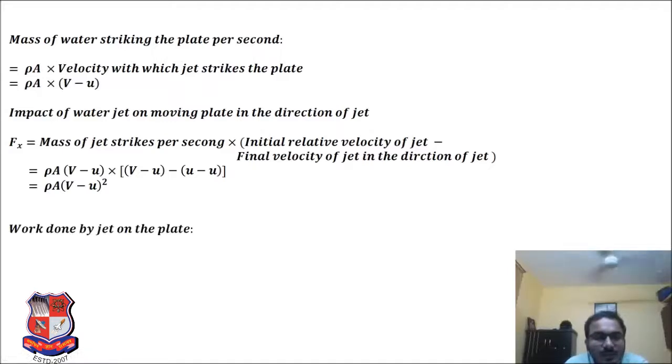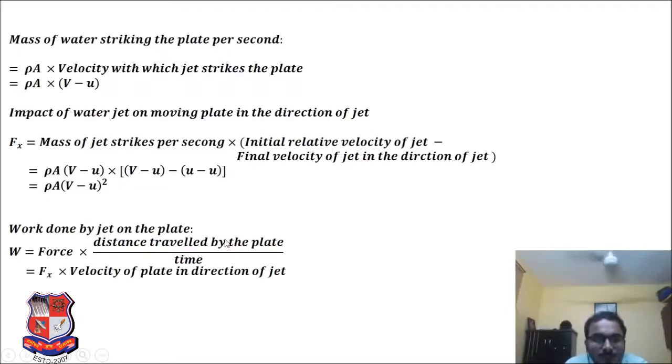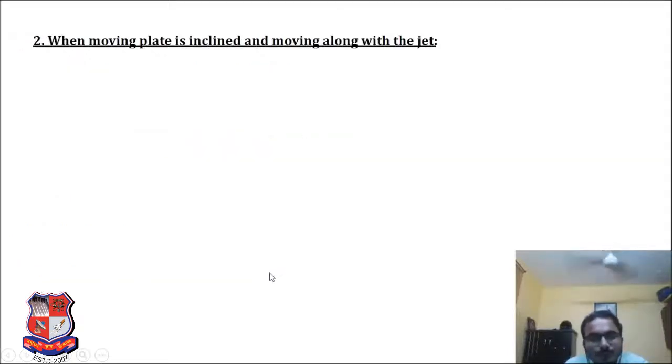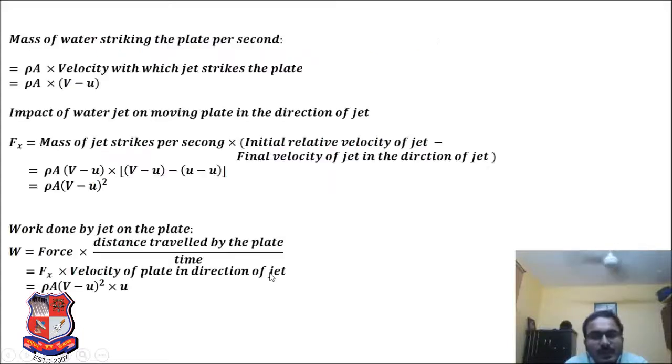Then work done by the jet on the plate is force multiplied by distance traveled by the plate divided by time. So it is fx multiplied by velocity of plate in direction of jet, which is u. So that is the end of that theory, that we need to evaluate fx value and w.